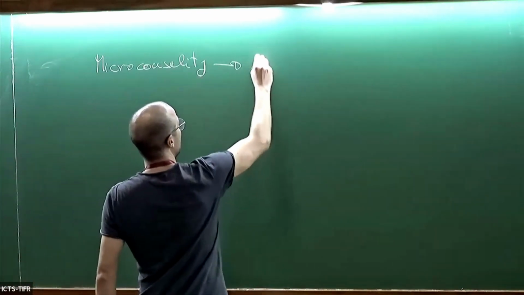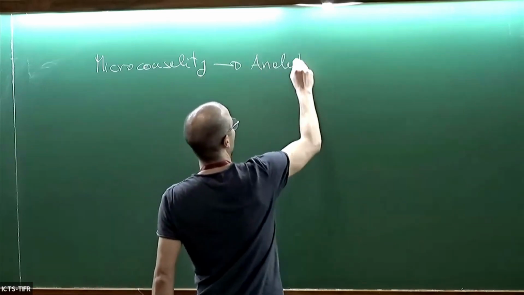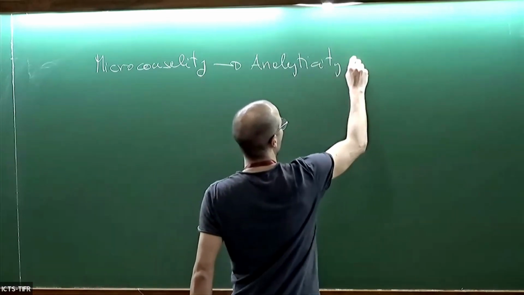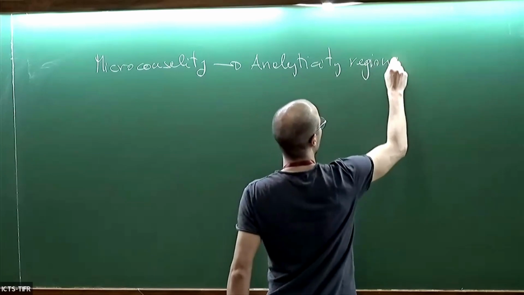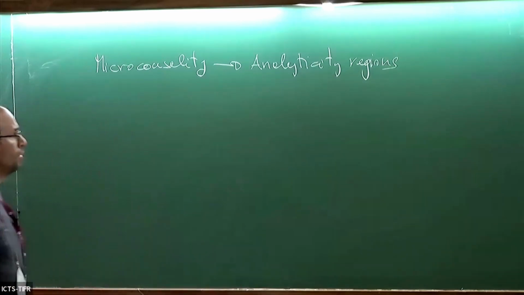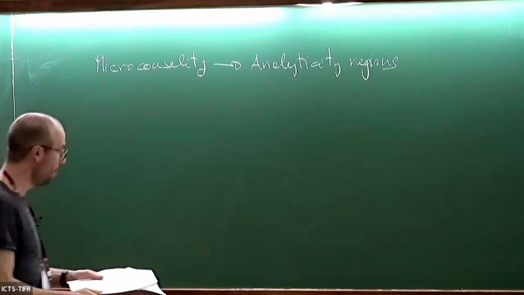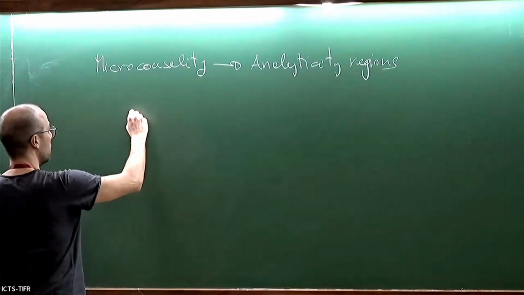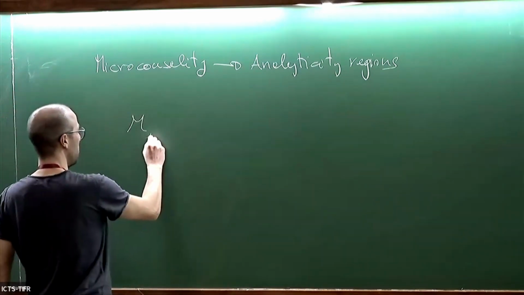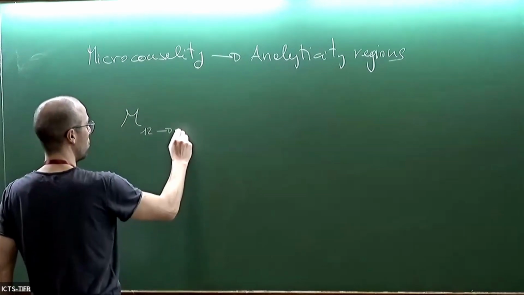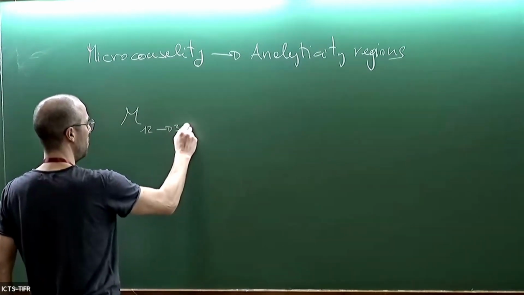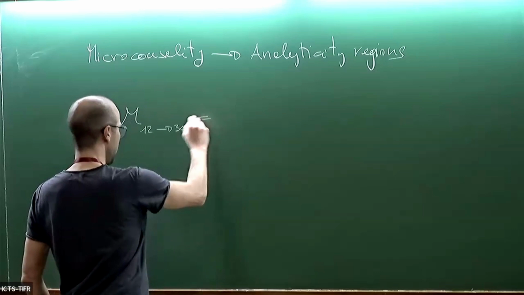It's going to give us some analyticity regions, which are very useful to know and work with. So the idea is that you take a scattering process, 1, 2 going to 3, 4, for scalars for simplicity.